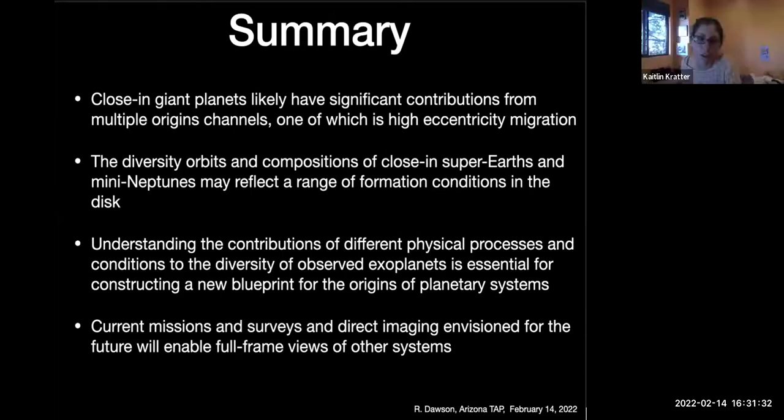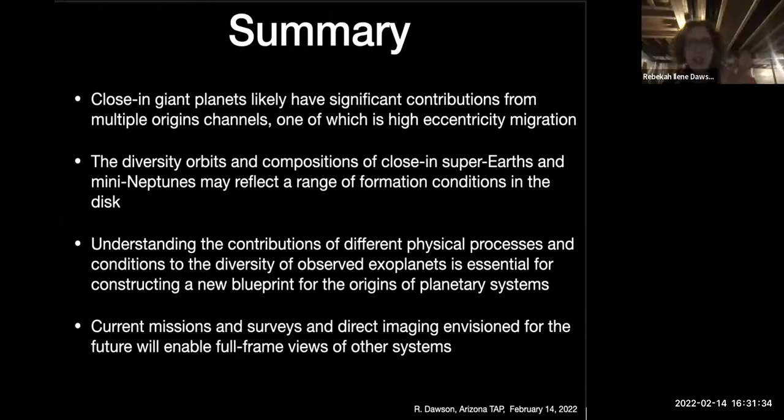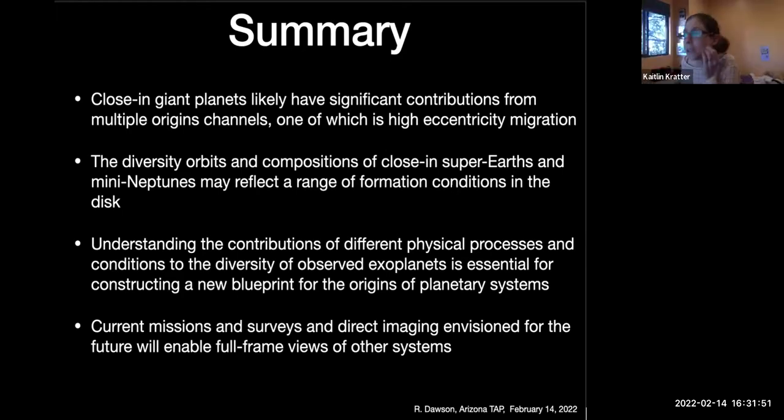But I think what we can say is that in both cases it's common, but I don't know that we know enough to compare them and see, is it more common to have a companion if you're a warm Jupiter or a warm super Earth? Okay, that's a good question. I haven't seen that.